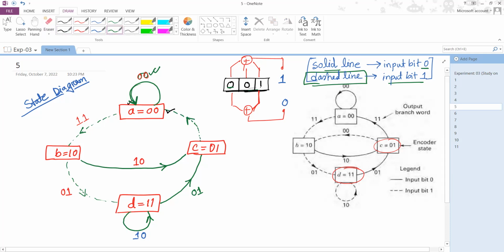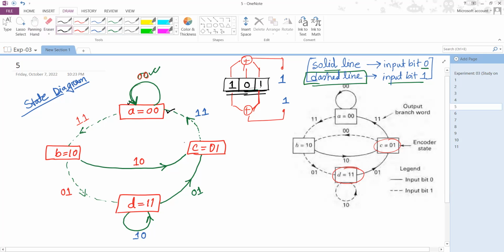And in this case the output will, in both cases, be 1 1, right? So output will be 1 1. And again, instead of 0, if I give 1 here, then the state will change from 0 1 to 1 0.